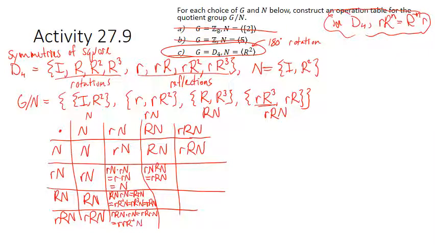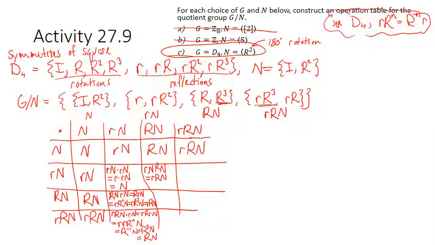So that'll be like that, and then the two little r's are going to cancel out, so that's just going to leave you with that one, and then this is the same as r cubed, because the inverse of capital R is clockwise rotation by 90 degrees, and that's the same as counterclockwise rotation by 270 degrees. So anyway, r cubed is one of the elements that is in Rn. Okay, so r cubed is right here. So that will be the same coset as capital Rn.